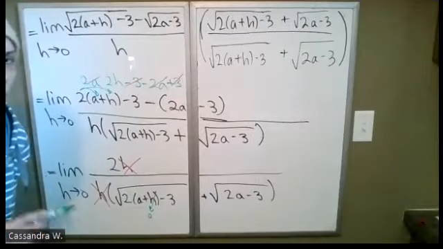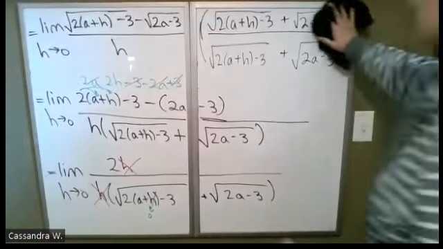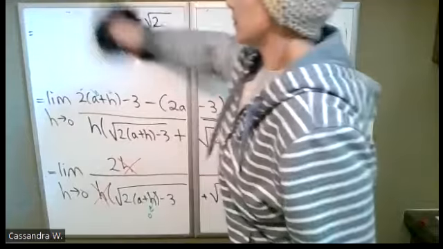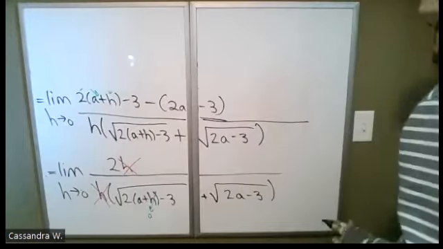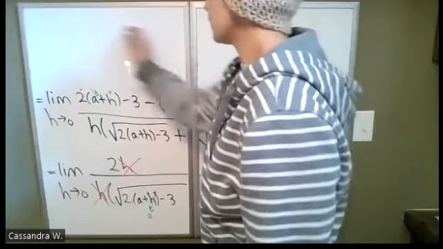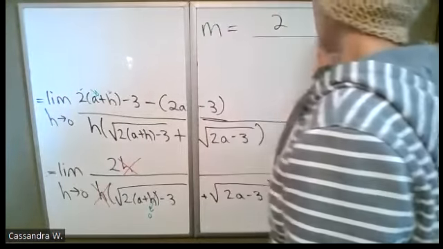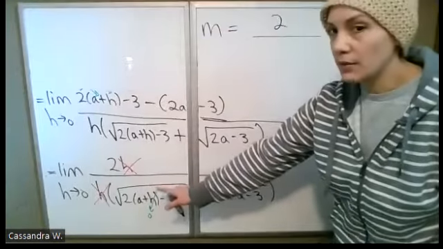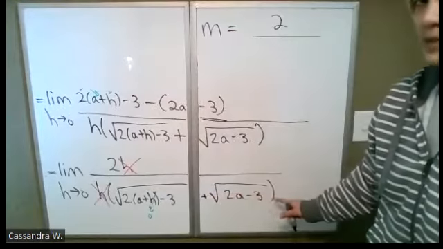So we've got 2 over, as this goes to 0, a root of 2 times a minus 3 plus another root of 2 times a minus 3.